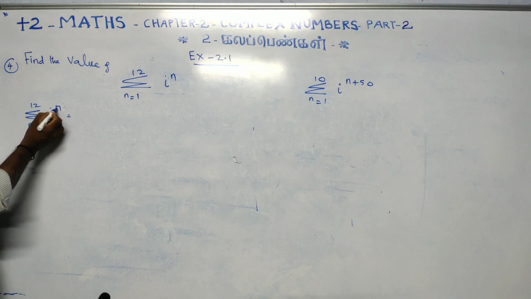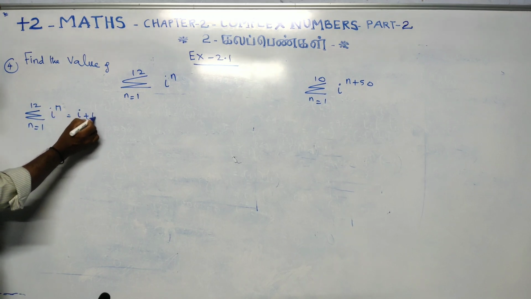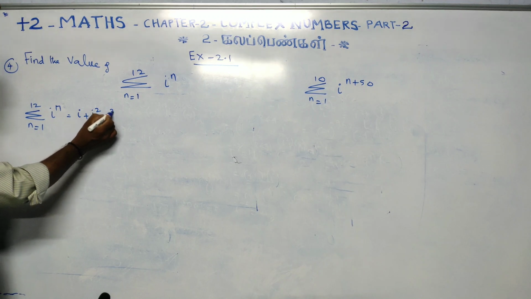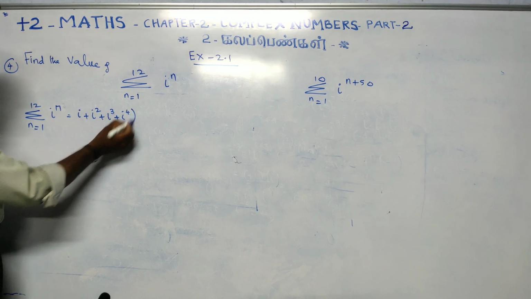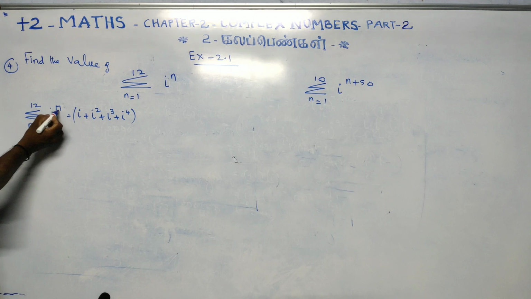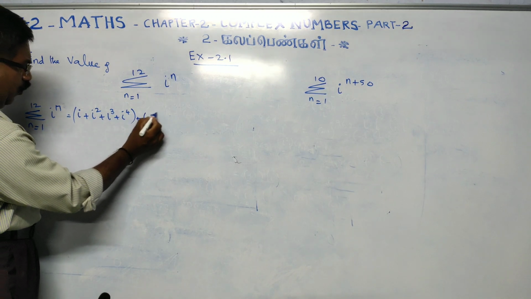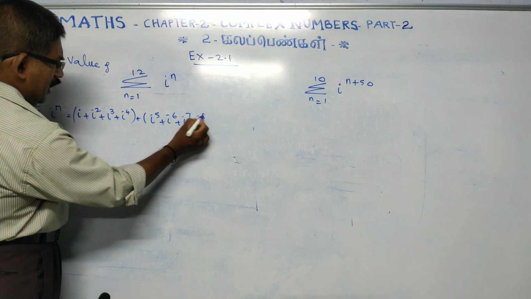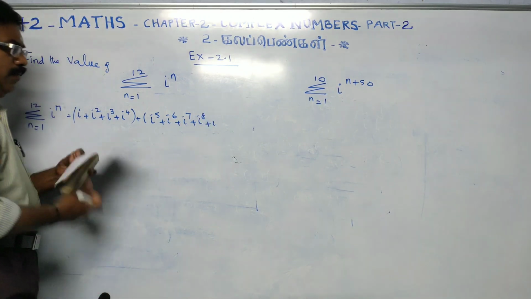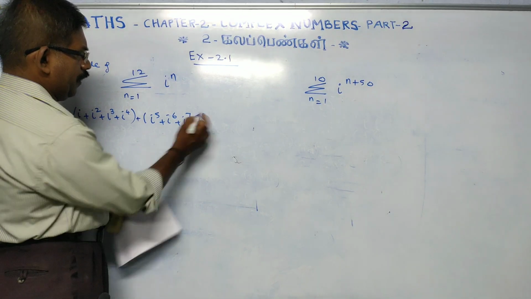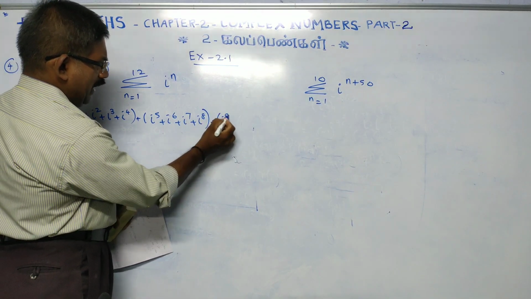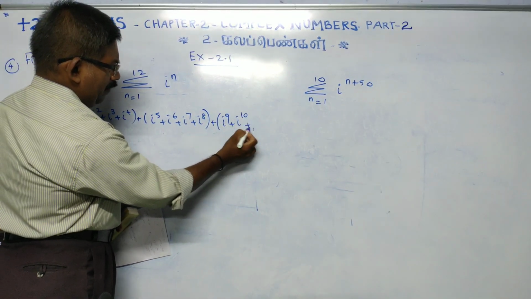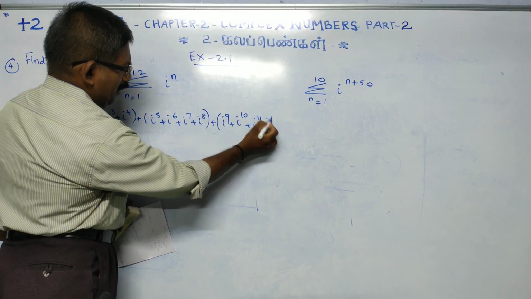How can we write? Give the value n equal to 1: i, i square, i cube, i power 4, i power 5, i power 6, i power 7, i power 8, then plus i power 9, i power 10, i power 11, i power 12.